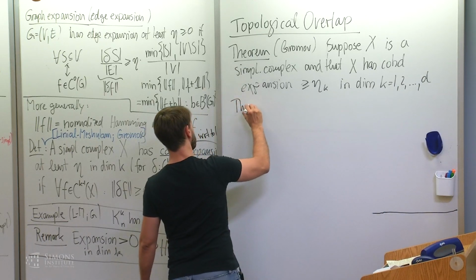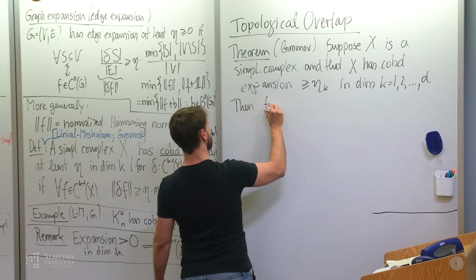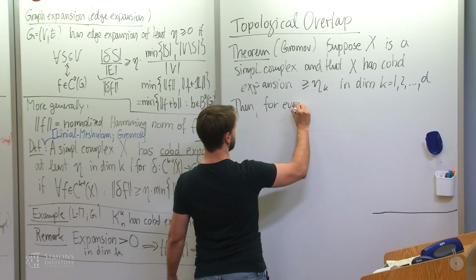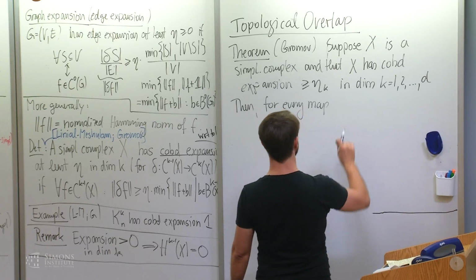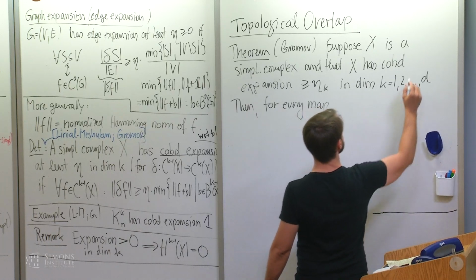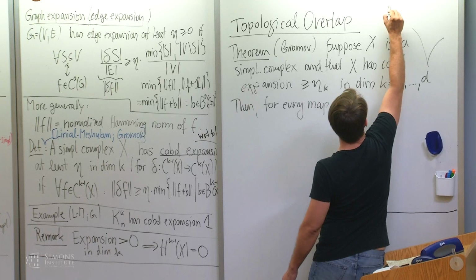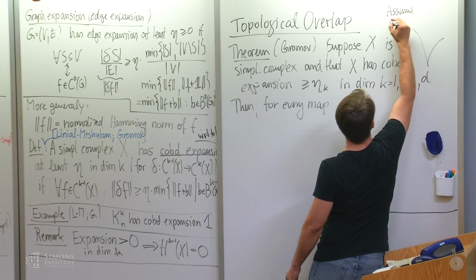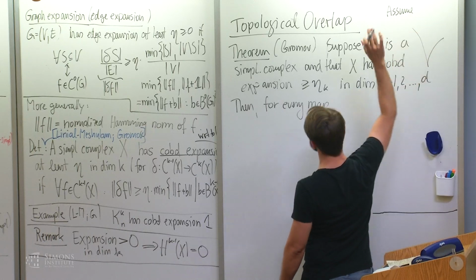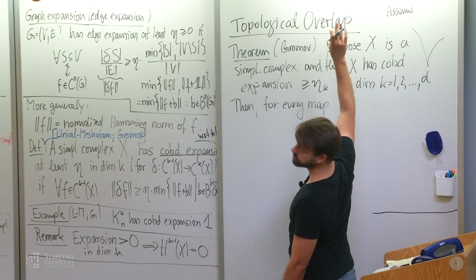Then, for every map, and the only thing I want to assume here is that the distribution or the norm on the top face is uniform.